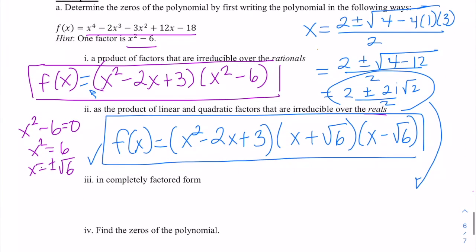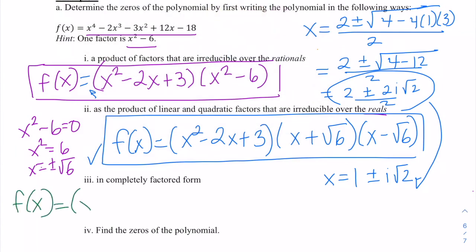Let's use what we figured out with these i's. Okay, so completely factored form. We know if we keep going with that, that would have been 1, so I'm just going to put this over here. So x equals 1 plus or minus i root 2. It looks a little confusing, but we know we can rewrite this. So f of x is going to be a little bit long.